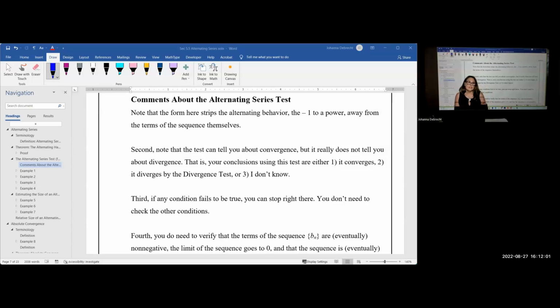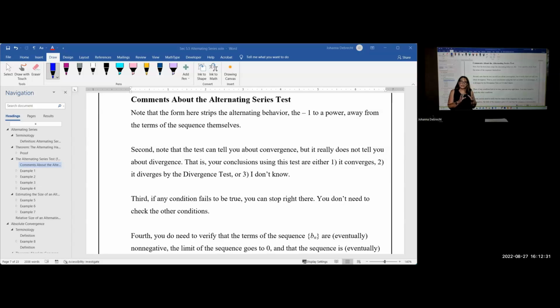So if any condition fails to be true, you don't need to check the other two. You can stop right there. If you can't show that at some point the tail is decreasing, you can't use the alternating series test. If you can't strip the alternating sign from the tail of the series and show that those other terms are always positive or at least non-negative, then you can't apply the alternating series test.